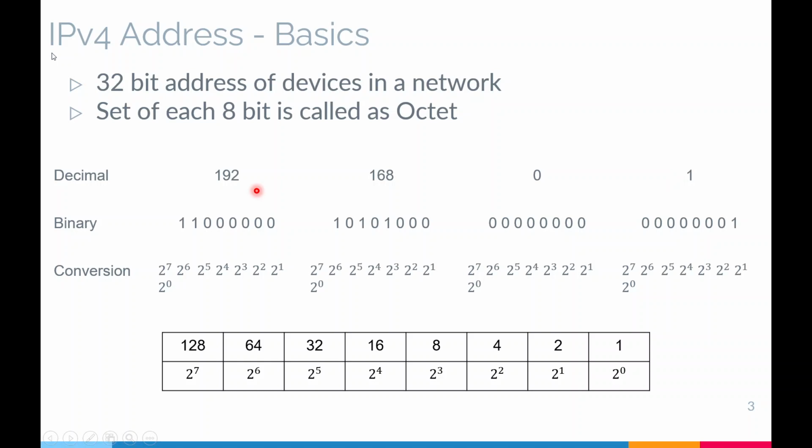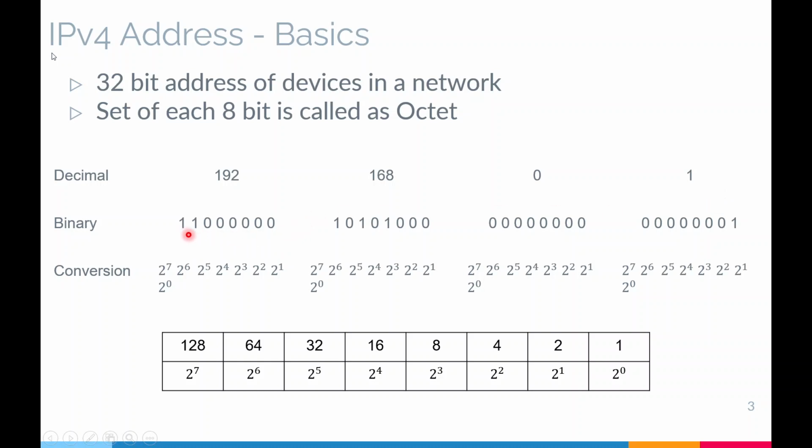Now, why is it 32 bits long? Because once we convert this whole value into binary, it turns out to be 32 bits in length. But we don't convert all the values at once; each part is converted separately. So 192 is converted into binary, 168 is converted into binary, 0 is converted into binary, and 1 is also converted into binary.